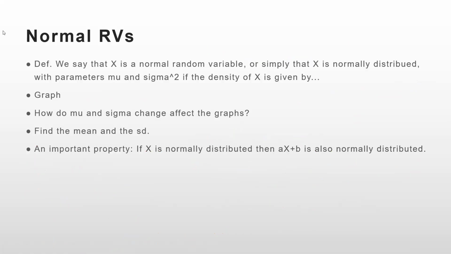We have a very important property. If x is normally distributed, then ax plus b is also normally distributed. a is a constant, b is a constant, x is a random variable.